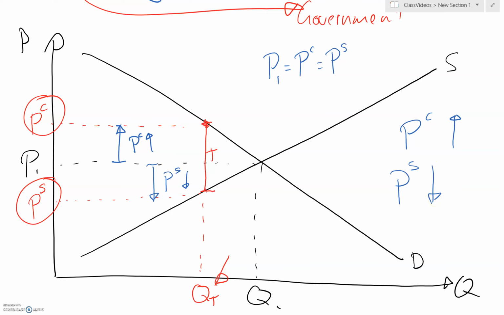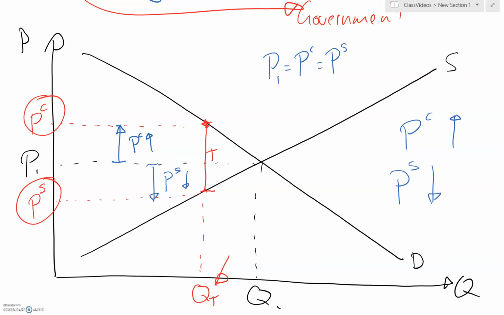This is about where we left off in the previous video, and what we're going to do here is to find out under which circumstances the price consumers pay goes up by a lot more than the price sellers receive goes down, and under what circumstances the price sellers receive goes down by a lot more than the price consumers pay goes up.